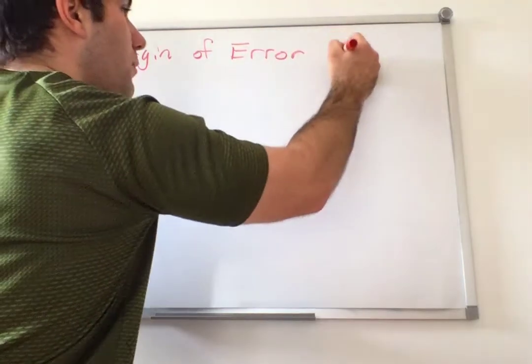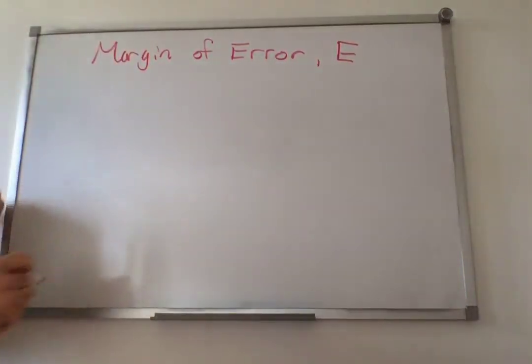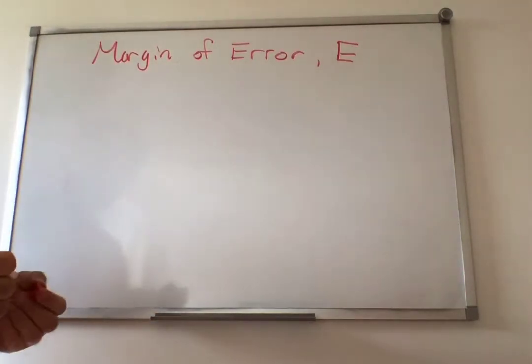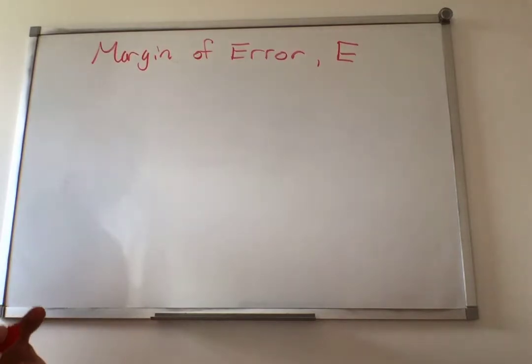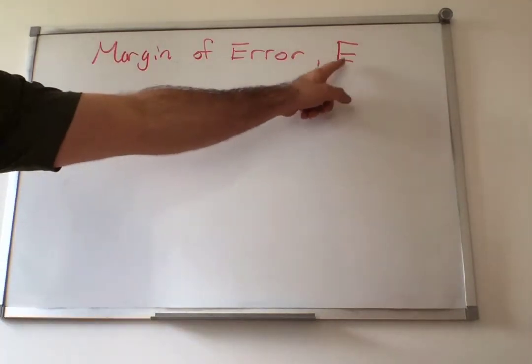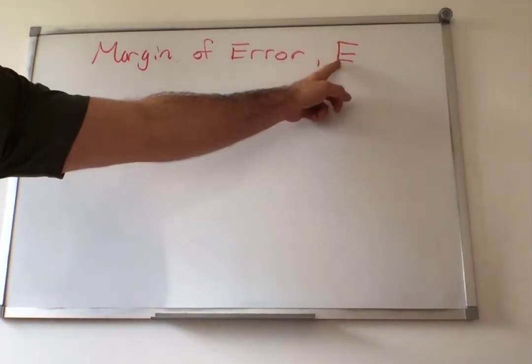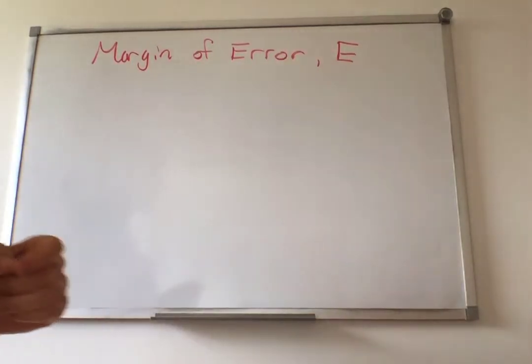And we're going to call our margin of error E, big E. Now, here's the difference in how we're going to go about this. Calculating our margin of error, depending on if we know the population standard deviation or not, we're going to calculate this a little bit differently.